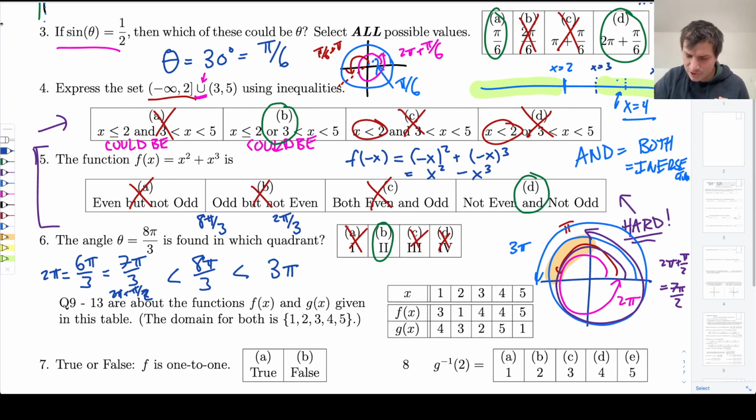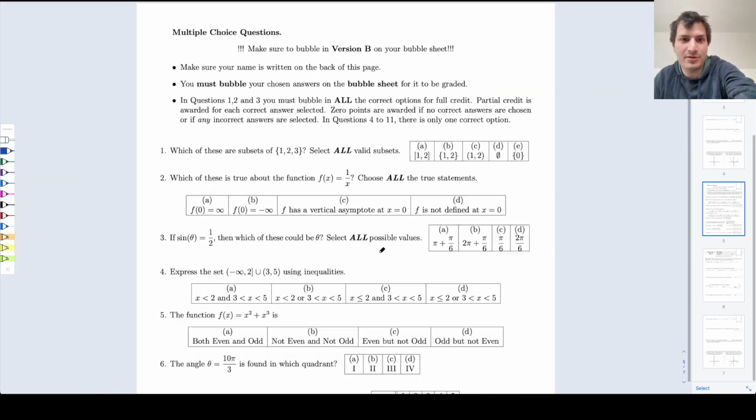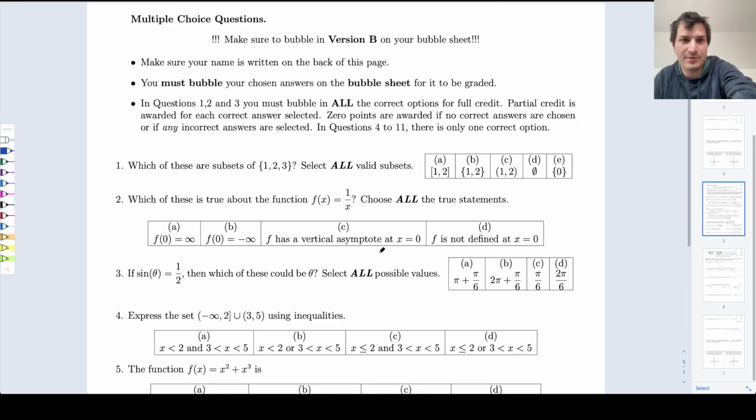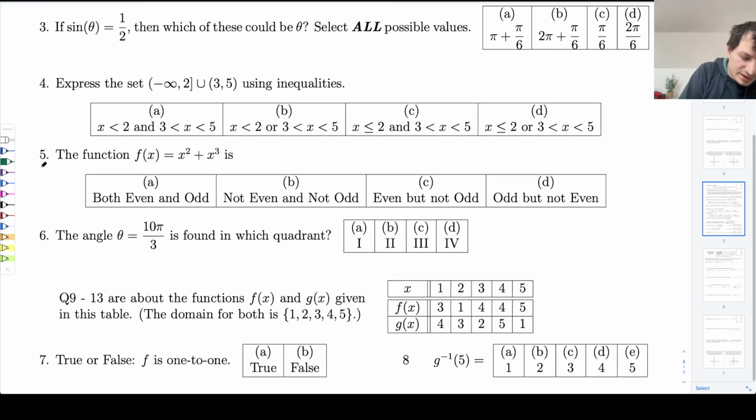I will say on the other version of the exam, I think they had a different number. Let me go to the other version of the exam, which is here. Yeah, on the other version they had 10 pi by 3. So very similar idea. 10 pi by 3 is a little bit more than 9 pi by 3, which is 3 pi.